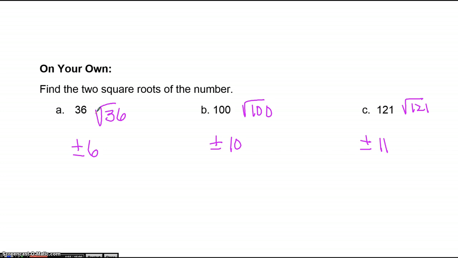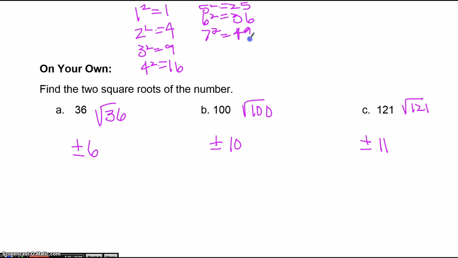These I would consider to be ones that you need to memorize. Just like 1 squared is 1, 2 squared is 4, 3 squared is 9. Go ahead and copy this down. 4 squared is 16. 5 squared is 25. 6 squared is 36. 7 squared is 49. 8 squared is 64. 9 squared is 81. 10 squared is 100. 11 squared is 121.